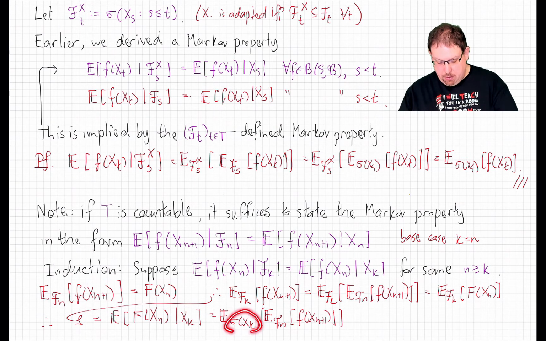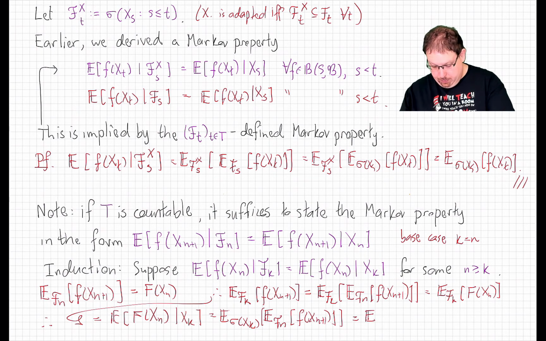But the sigma field generated by Xk is contained in Fk, and Fk is contained in Fn. And so by the tower property, this double conditioning is just the same as conditioning on the sigma field generated by Xk alone, and that gives us the statement we want. So we've shown by induction that this holds, concluding the proof.